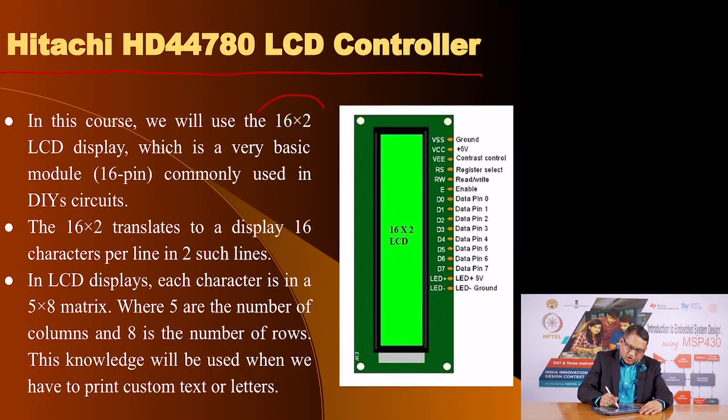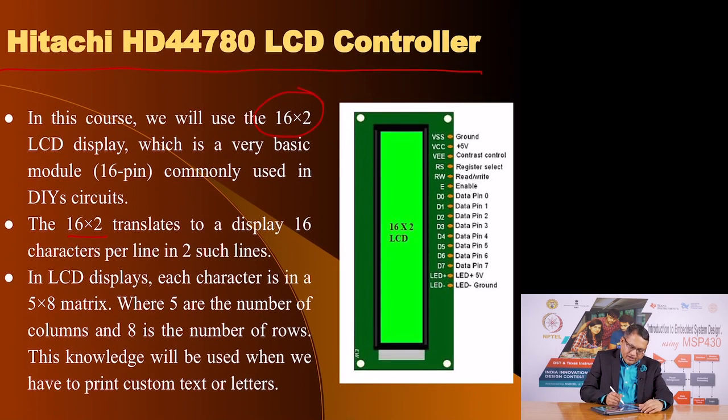In this experiment we are going to use a 16x2 LCD display. This is the most common display that is available, and therefore the cheapest that you can find. The 16x2 translates to 2 lines, and each line allows you to display 16 characters.